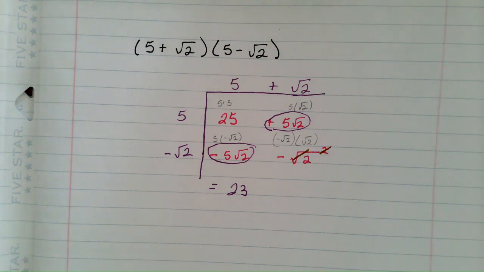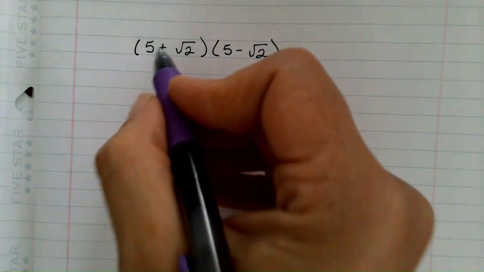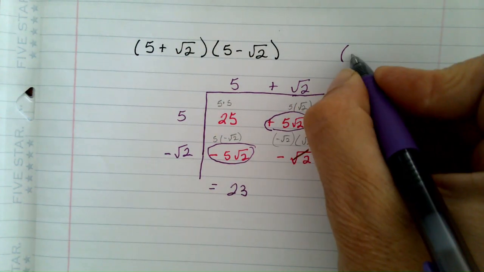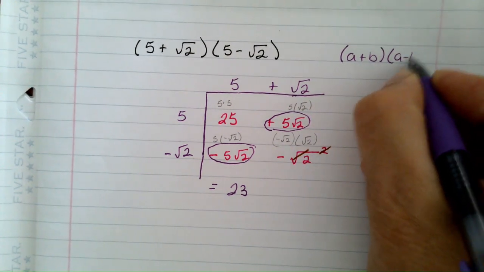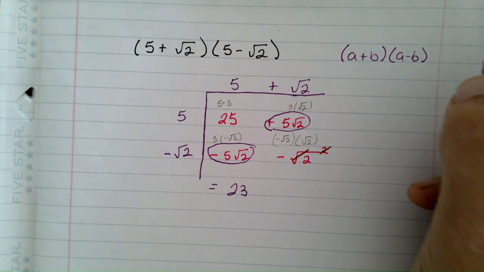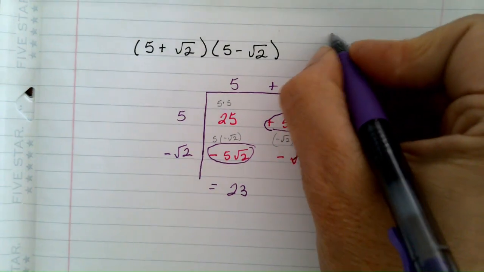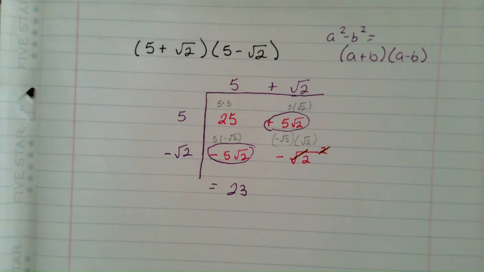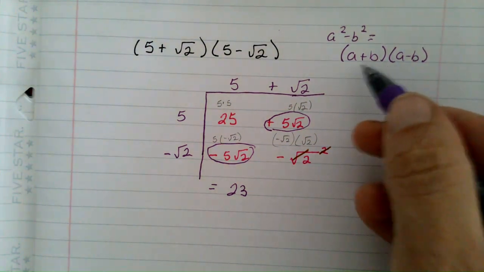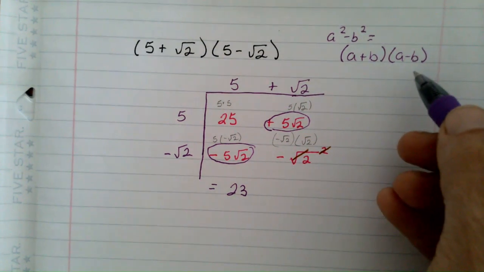Why did we get such a simple answer? Well, if you notice, this is that a plus b, a minus b pattern, which is equivalent to a squared minus b squared, because the middle will cancel out every time you FOIL these together.